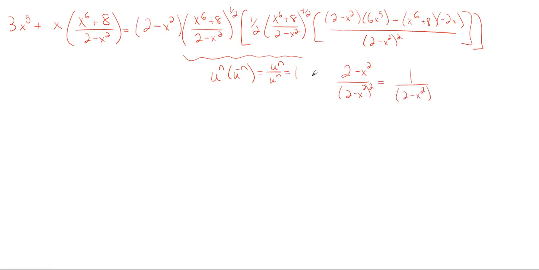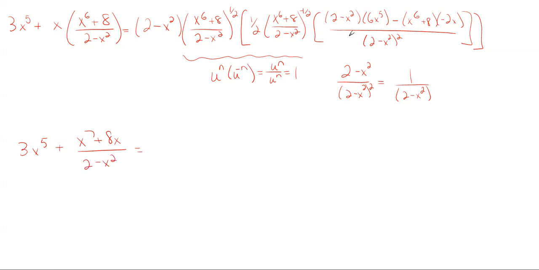So realizing these relationships here, we can rewrite this even further to the point where we would have 3x to the 5th plus x to the 7th plus 8x all over 2 minus x squared, just taking x through.